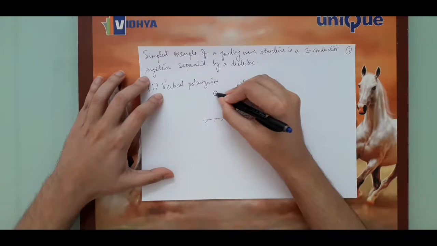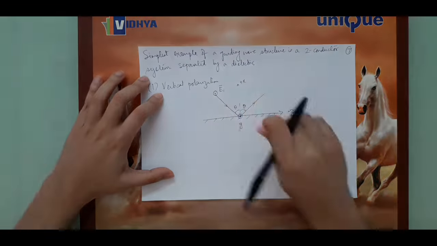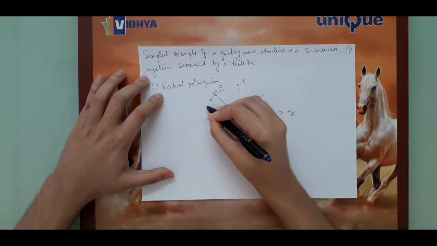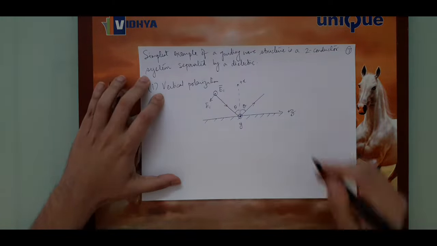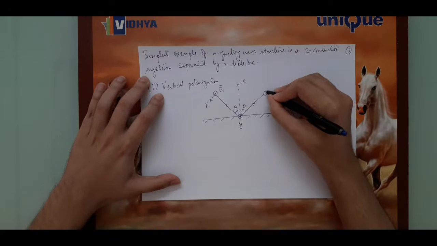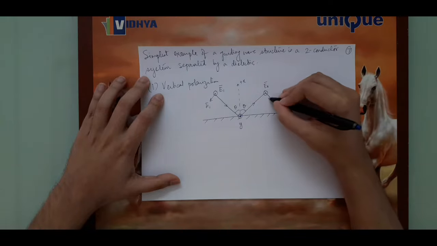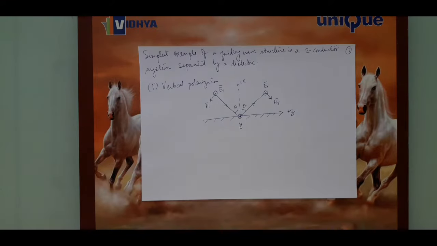And the electric field vector is vertically polarized. So therefore the H field will look like this. In the reflected wave also the ER will look like this and the HR will be in this direction. Is that fine?